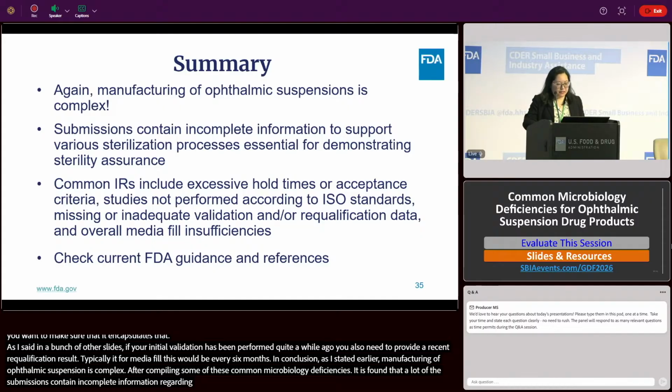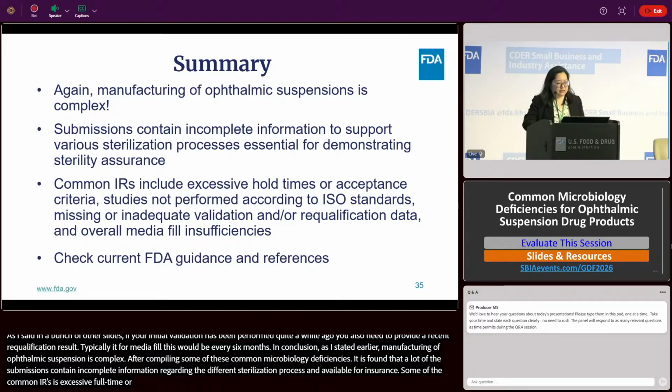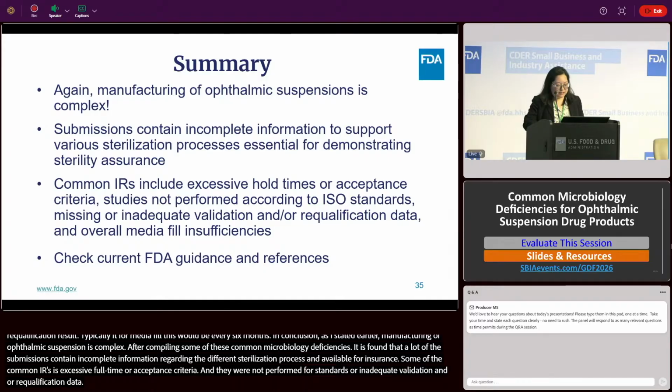Some of the common IRs include an excessive hold time or acceptance criteria, studies that were not performed according to ISO standards, missing or inadequate validation and/or requalification data, and overall media fill insufficiencies.